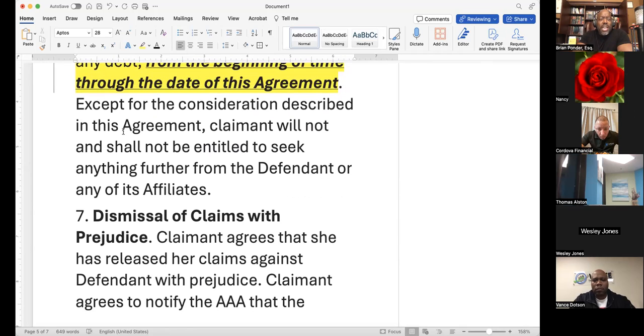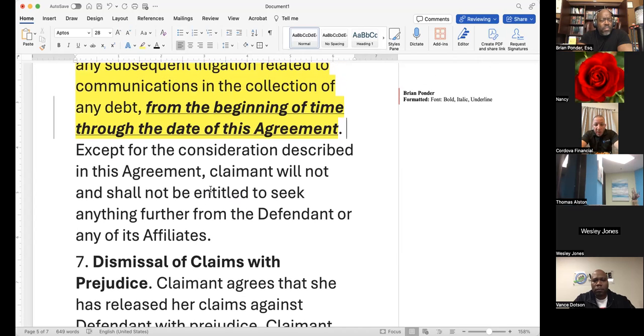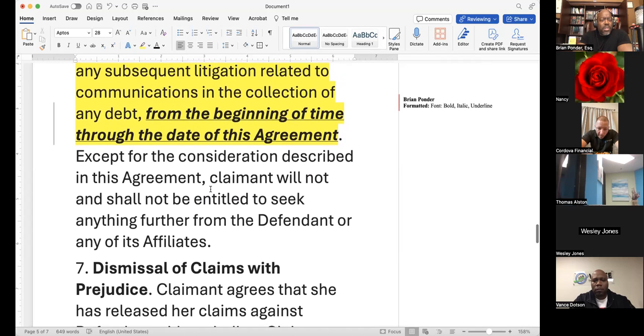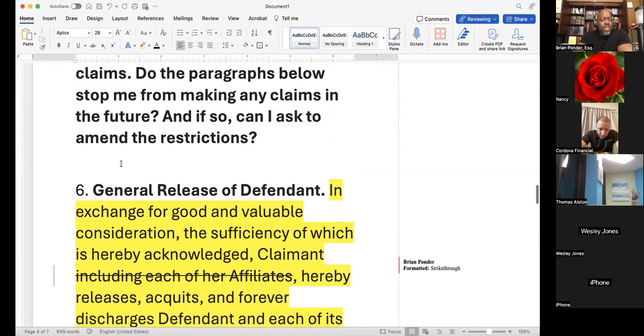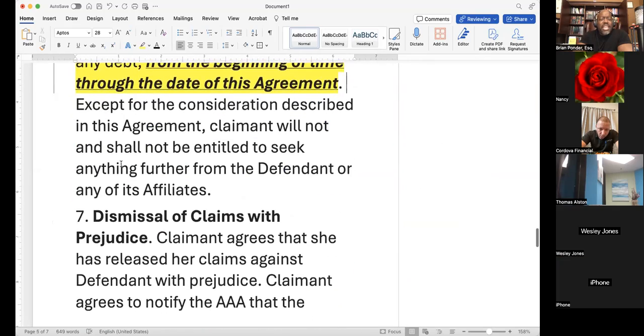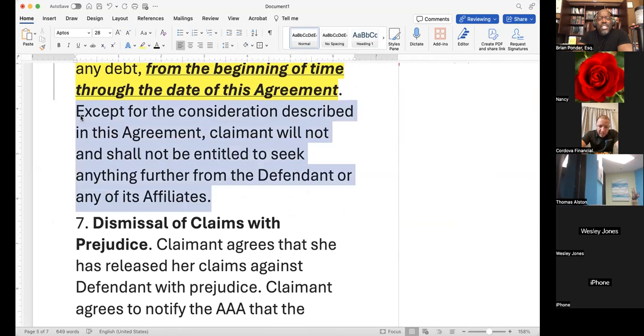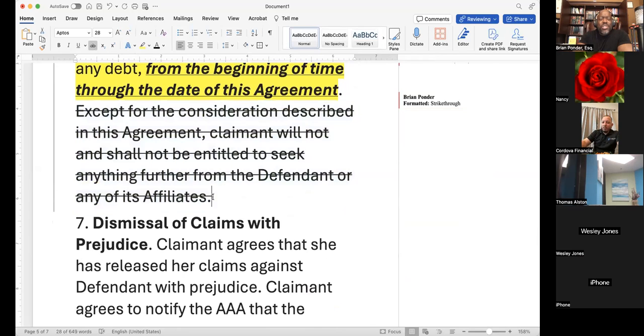Okay, let's continue. Except for the consideration described in this agreement, claimant will not and shall not be entitled to seek anything further from the defendant. That's a weird thing to say. It's like they contradicted themselves. You should have a consideration section, and in that section you say the only consideration would be this. I would take that out.